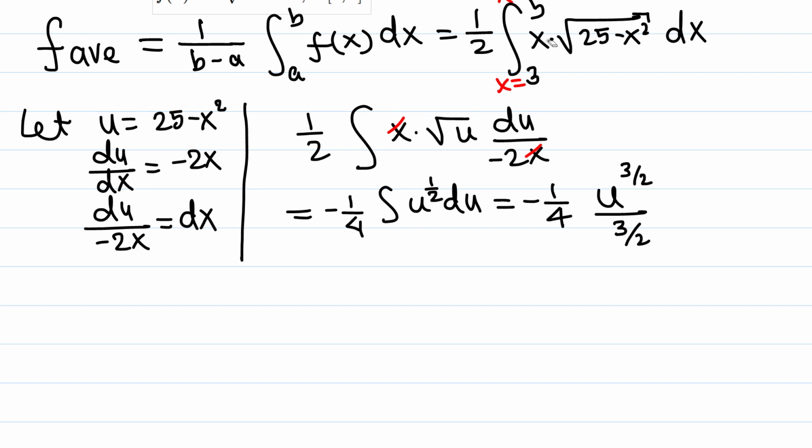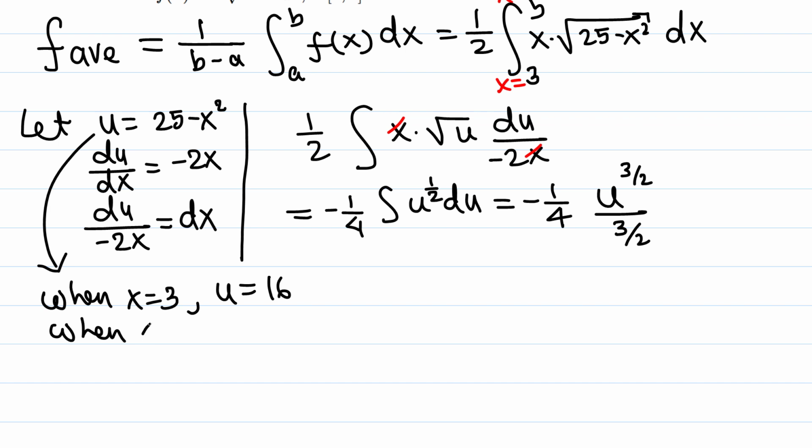So we can change these limits in terms of the variable u. When x equals 3, that's the lower limit. Be careful, 3 is the lower limit. What is u? u is 25 minus 3 squared, 9, that's 16.